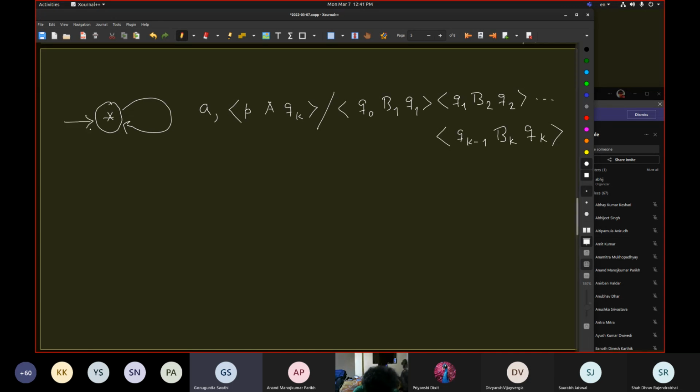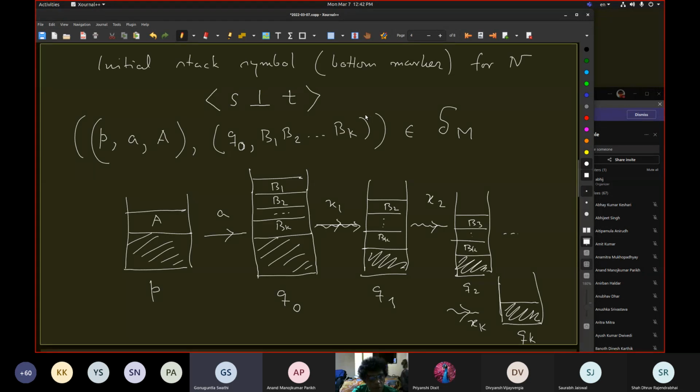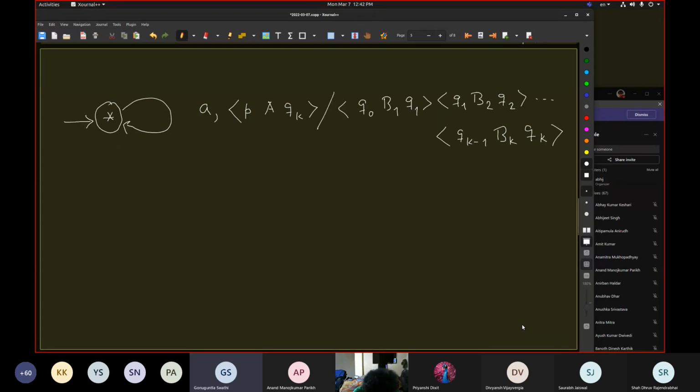The only question that remains to be answered is how does N know beforehand what Q1, Q2 up to Qk are? Q0 it is getting from this transition table. But what are Q1, Q2, Qk? The idea is that N guesses Q1, Q2, Qk.